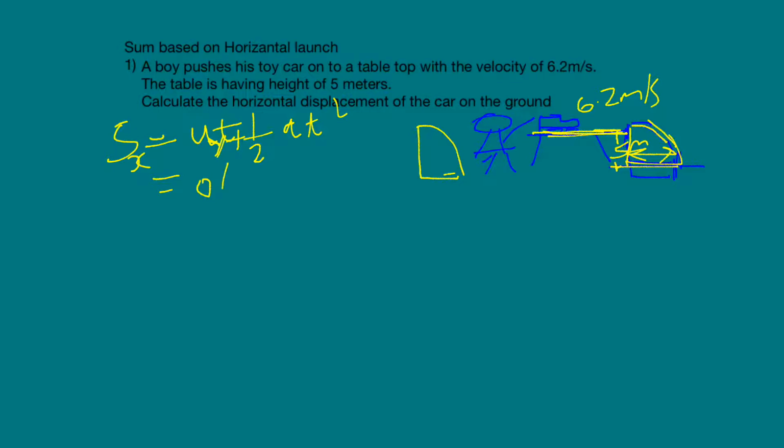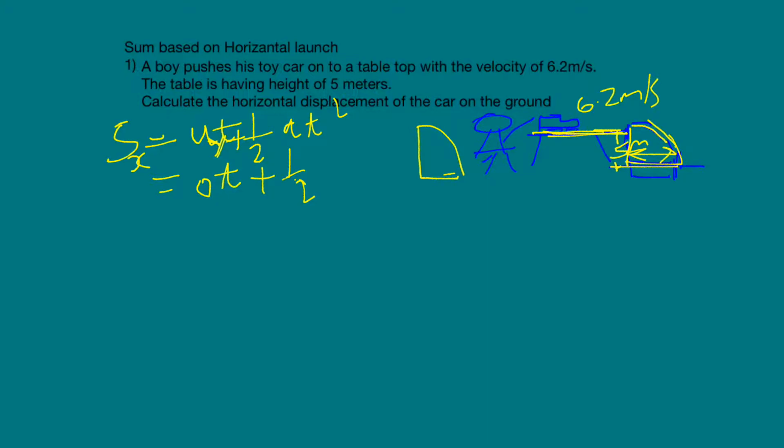So 0 into t, plus half. Here acceleration due to gravity is 9.8 meters per second square. We take the value as positive because it is falling towards the earth. If something is thrown up, then we take it as negative because it is moving against gravity, minus 9.8 meters per second square.